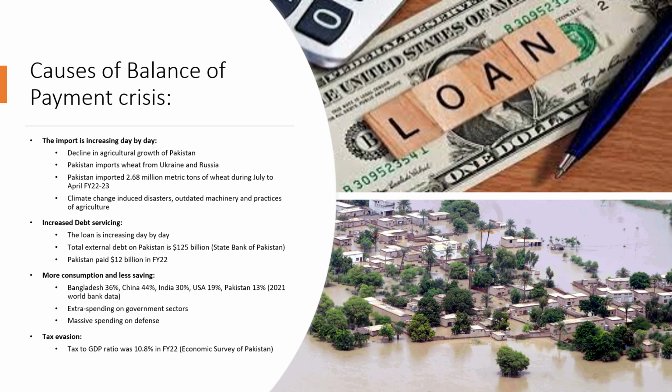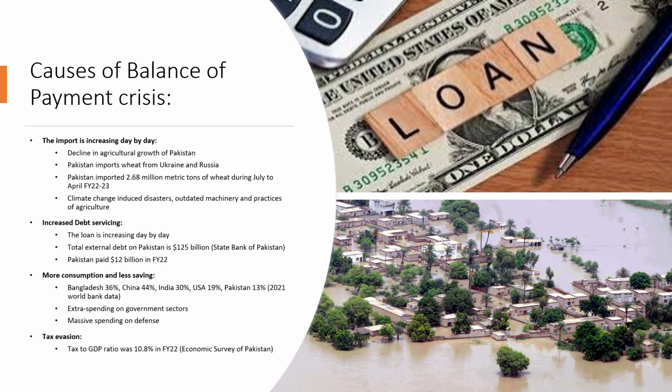We all know this. We have studied the concept of balance of payment crisis in detail. So we pay this loan and this loan adds to the current account deficit. Then another cause of the balance of payment crisis is that Pakistan consumes more and saves less. The data that I'm sharing here is from World Bank, 2021.